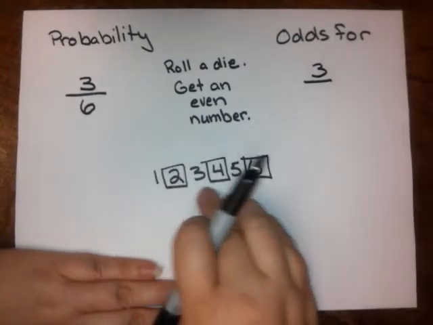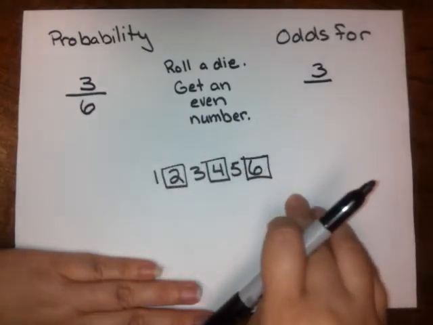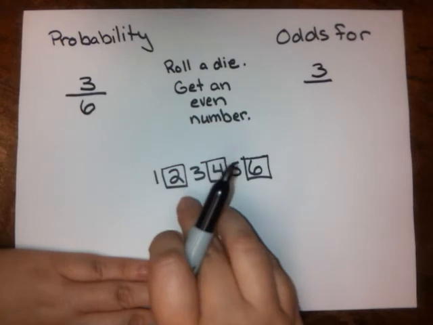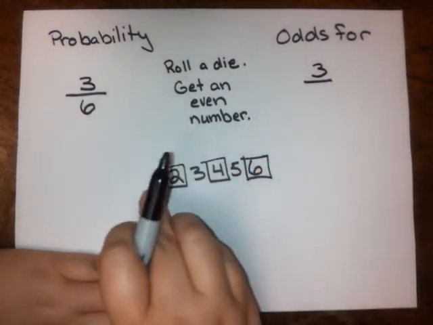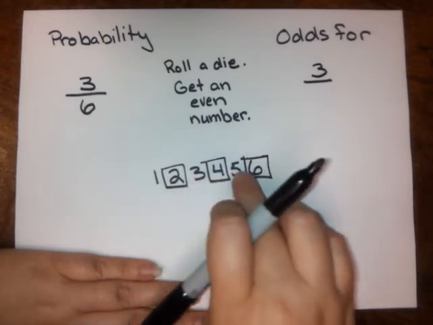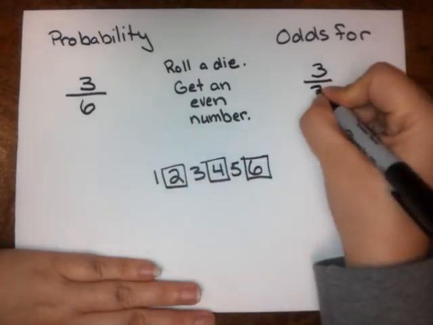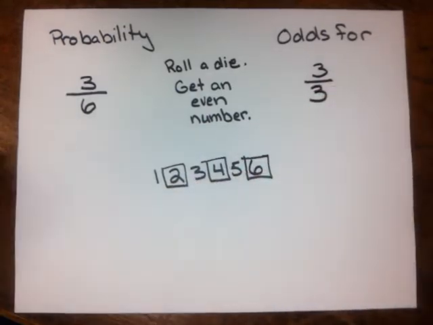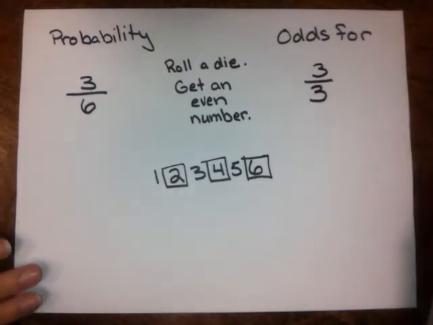So we're not talking about all of the possible outcomes, we're only talking about the ones that aren't successes, so that are not even numbers. So that's 1, 3, and 5, so there are 3 of them. So the odds for rolling a die with an even number are 3 to 3. And that looks a little bit weird because they're both the same number, but that's absolutely accurate.